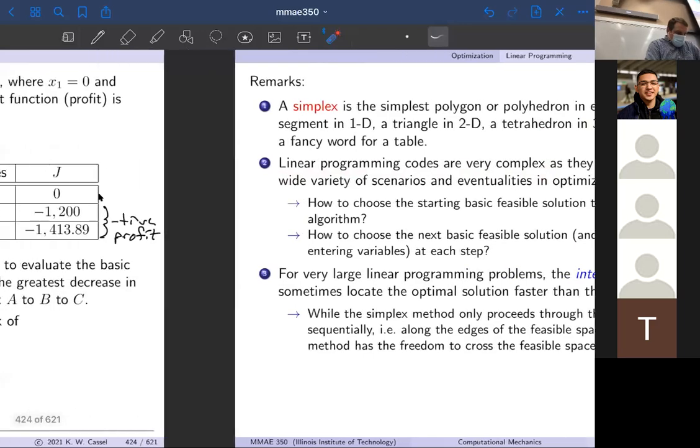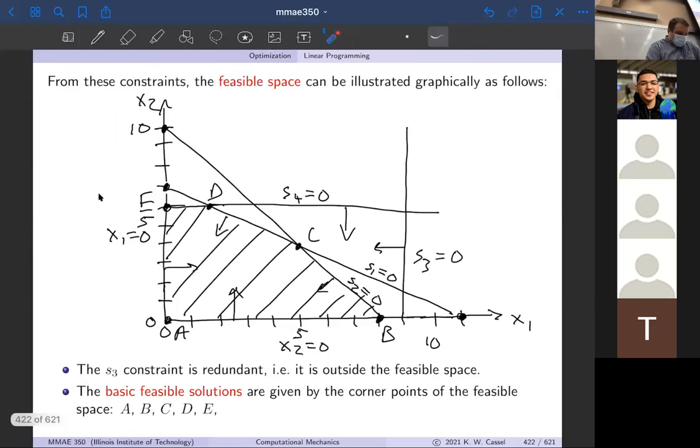Now, one thing that's intuitively obvious as a problem with the simplex method is, imagine I had a problem where I don't have 5 basic feasible solutions. Say I had 1,000 of these vertices, and I have to figure out where to start, which direction to go.